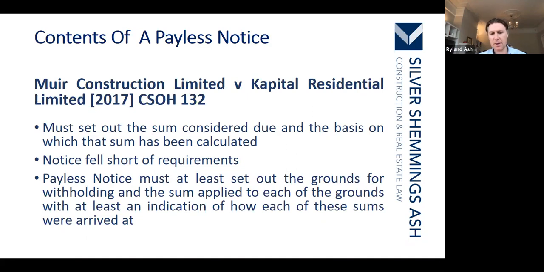And to each of the grounds, the amount that's being deducted, and at least an indication of how each of these sums have been arrived at. And if there isn't a reasonable breakdown or reasonable grounds or even genuine grounds, then there is potential for argument to say, actually, I don't think that this Payless notice is valid at all, which of course may then lead to the situation where the sum applied for is an entitlement in full.